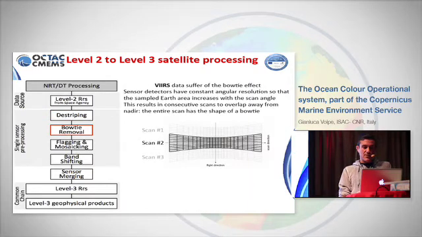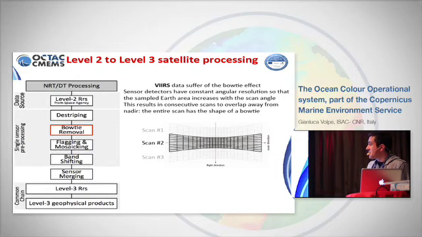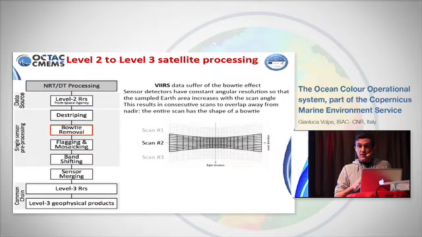Another problem, which is only about VIIRS data, is given by the very large field of view of the sensor. The sensor detectors have a constant angular resolution, so the sample area increases off nadir.